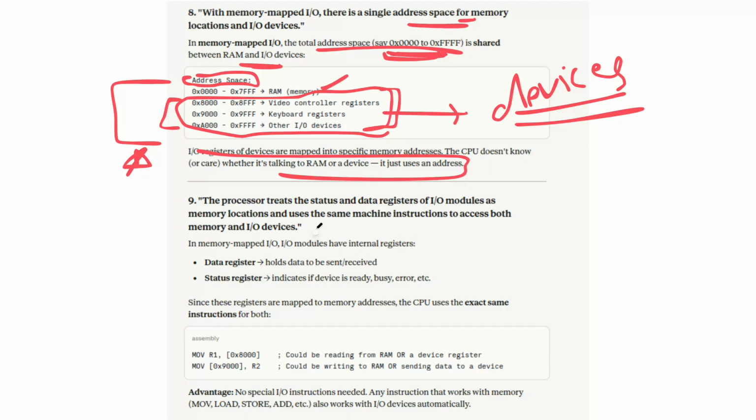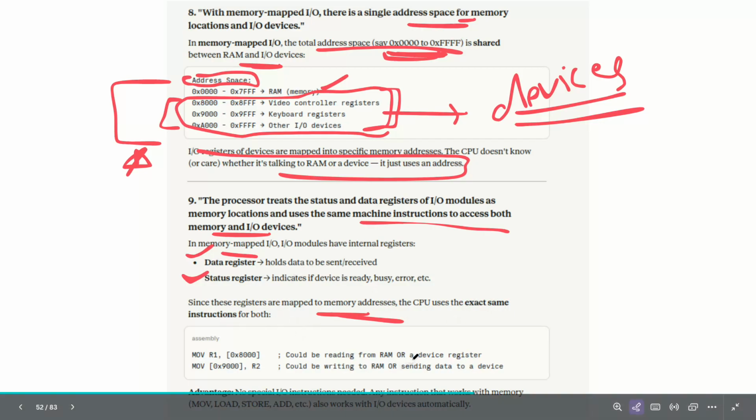Understood? Now the processor treats the status and data register of the IO module as memory locations and uses the same machine instructions to access both memory and IO devices. That means in memory mapped IO, we know the IO module has a data register and status register. Since these registers are mapped to memory addresses, the CPU uses these exact same instructions for both.